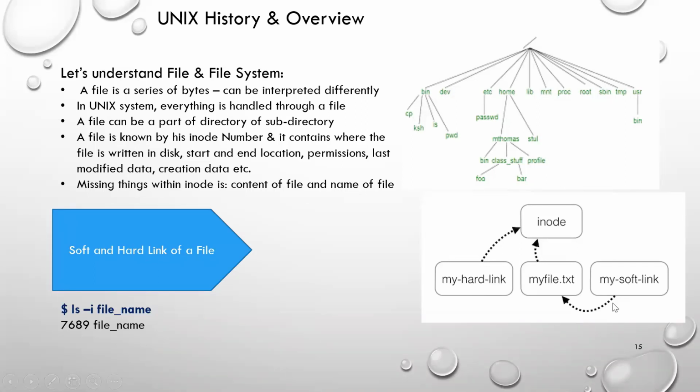But if we are referencing one file in the backend, going to the same inode, and then we delete my soft link, my file.txt is still intact. So this is a shortcut. But if we delete the actual inode, then all the hard links related to it will be deleted. So these are the soft link and hard link concepts.